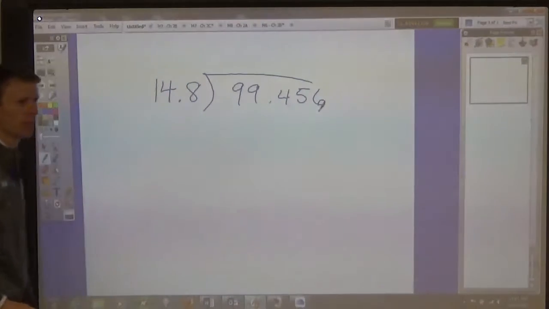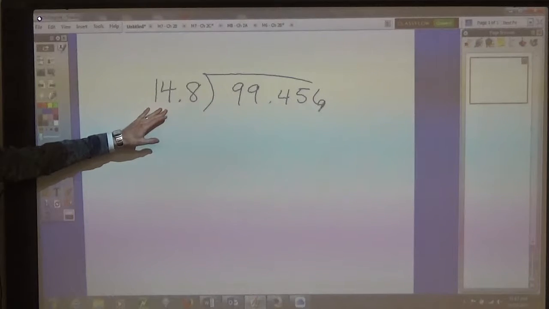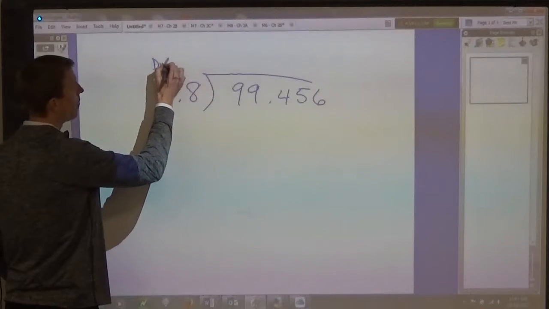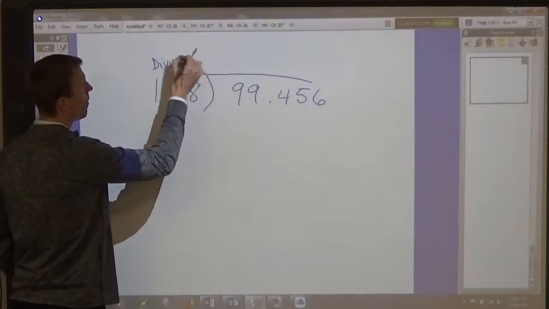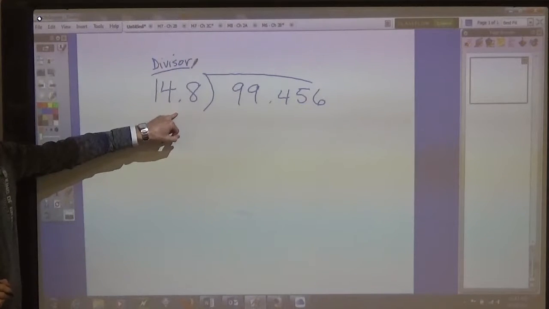All right? Which one of these is the divisor? Is it the one on the outside or the inside? Kate? It's on the outside. Yep, this is the divisor. We have to be able to identify the divisor. It's on the outside.